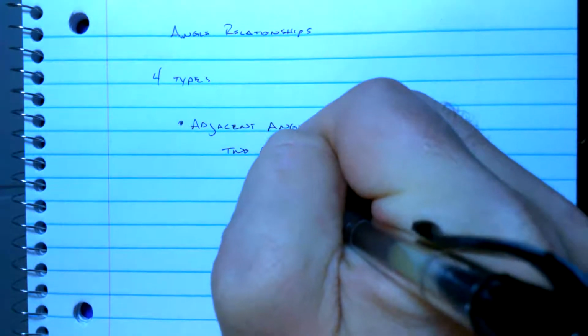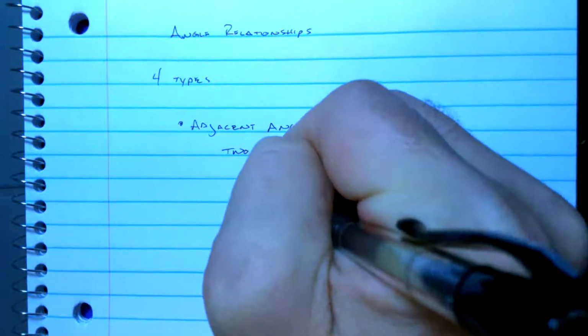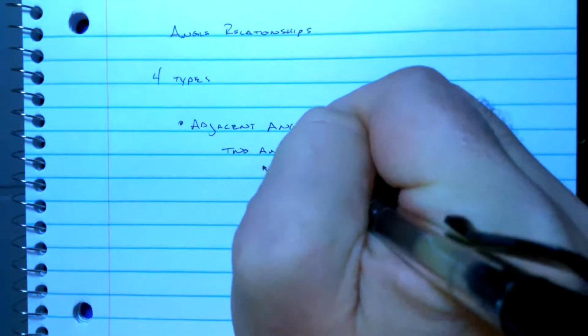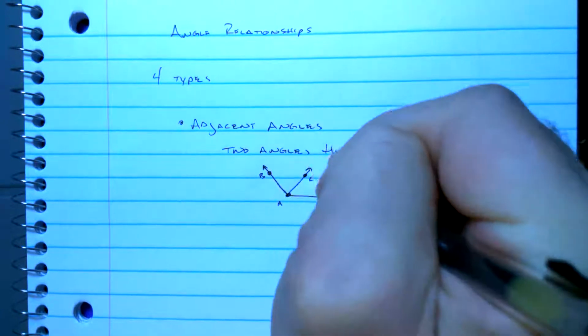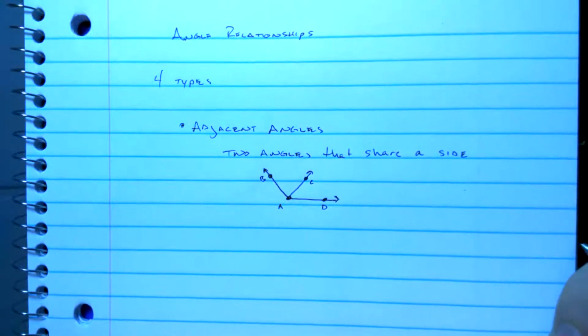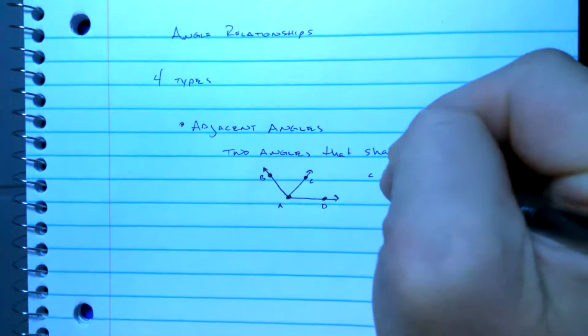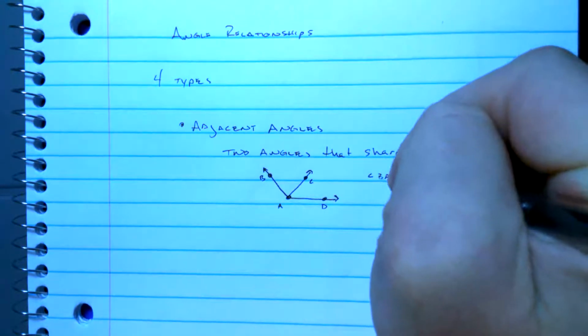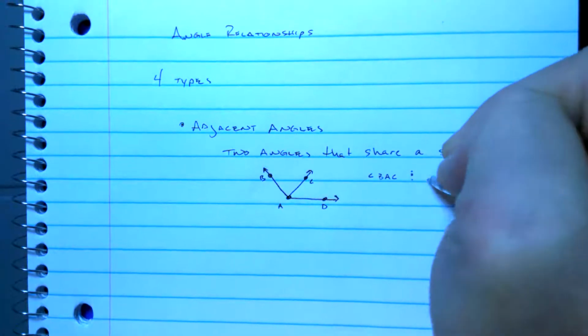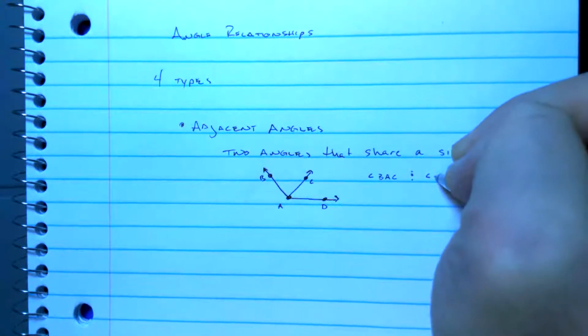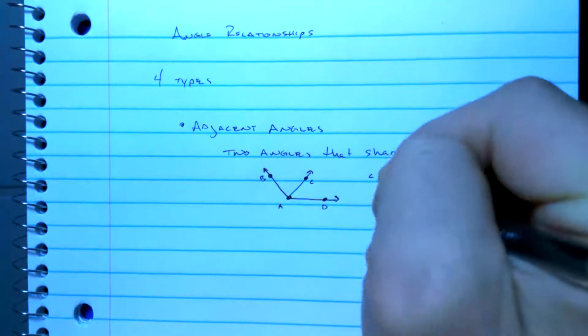So we have a common endpoint here. We'll call that A. B, C, D. And so we can say that angle BAC and angle CAD are adjacent.